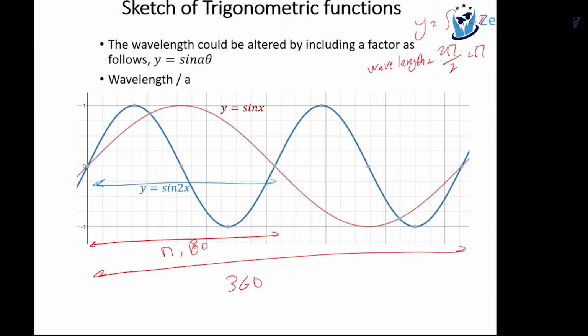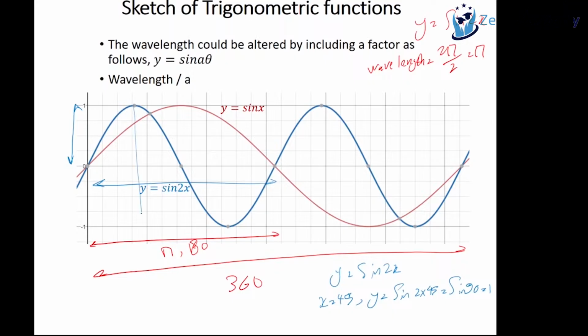So what's happening here is my amplitude is still 1, it's not changing, but the point at which it reaches 1 has changed. When it was sine x, at 90 it reached the point 1. But for y equals sine 2x, at x equals 45, I have y equals sine 2 times 45, or sine 90, which is 1.